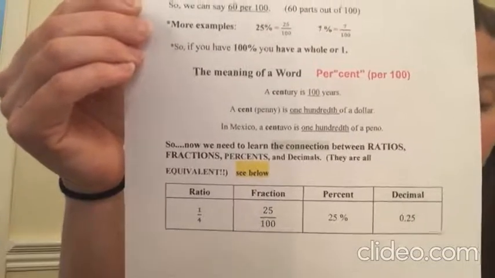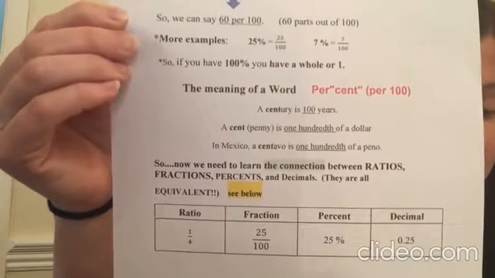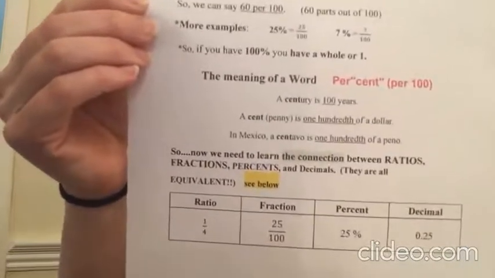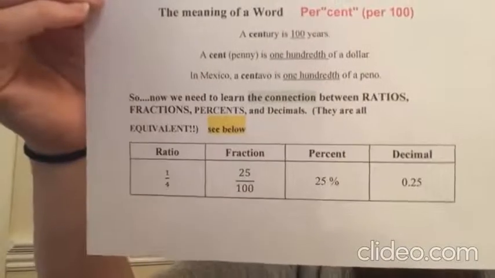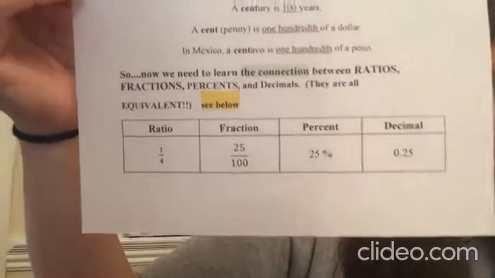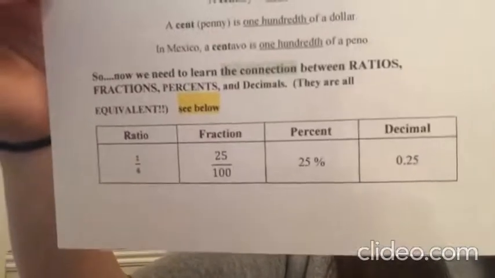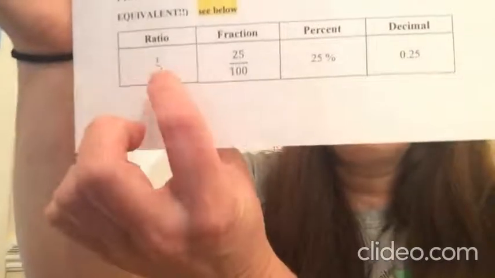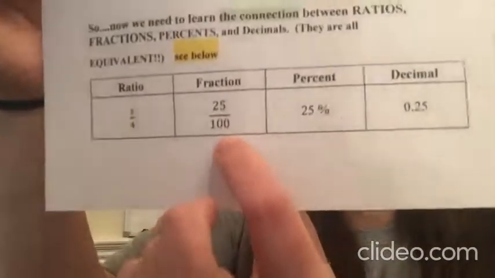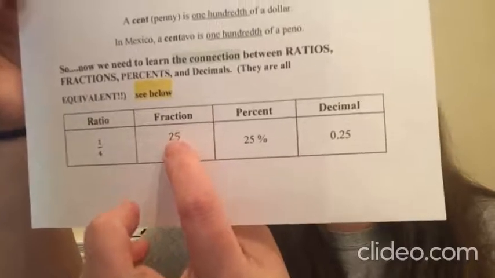So now we need to learn the connection between ratios, fractions, percents, and decimals. They are all equivalent. So in this table at the bottom of the page, it shows if you have a ratio of 1 to 4, if you write it as a fraction out of 100, 4 times 25 equals 100, so 1 times 25 equals 25.